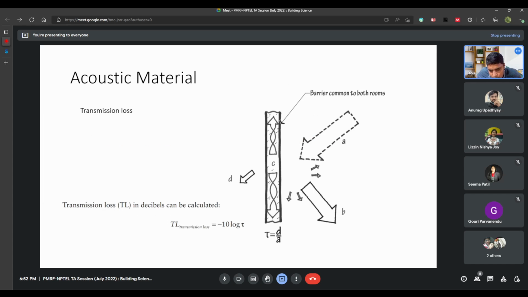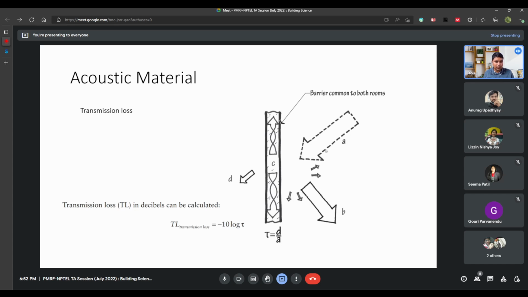Moving further, we'll talk about acoustical materials. Acoustical material is evaluated using the concept of transmission loss. It works similarly with light and also heat, where you have a point source.